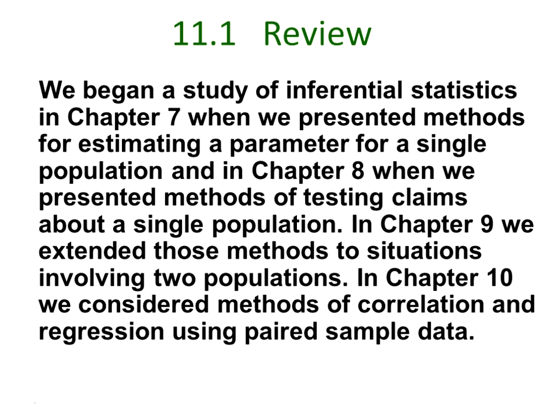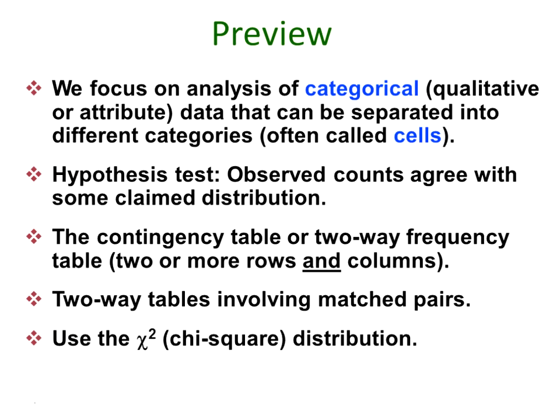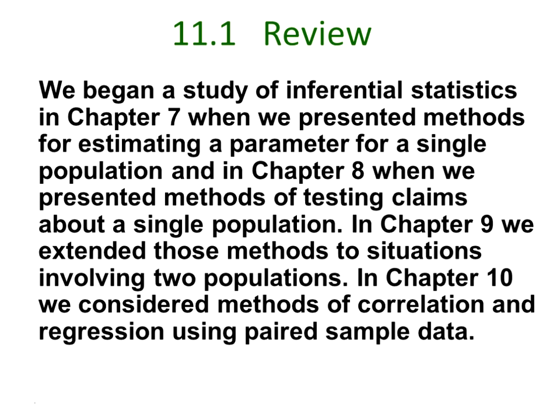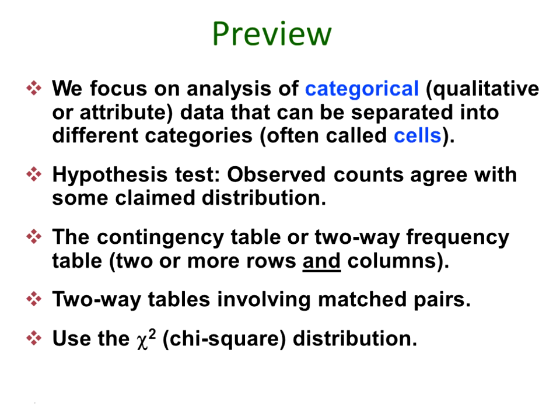And then quickly in chapter 9, we moved to 2 populations. And then in chapter 10, we're using paired data to see if there's a linear correlation among the paired data. And so we're continuing our discussion on inferential statistics.